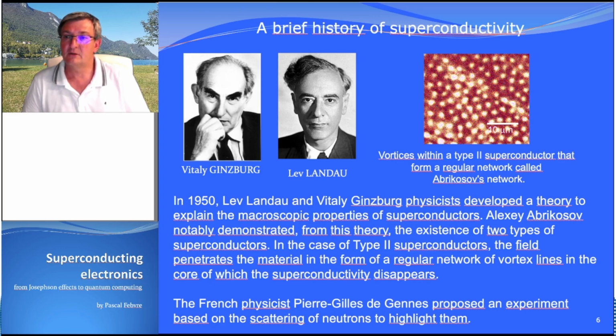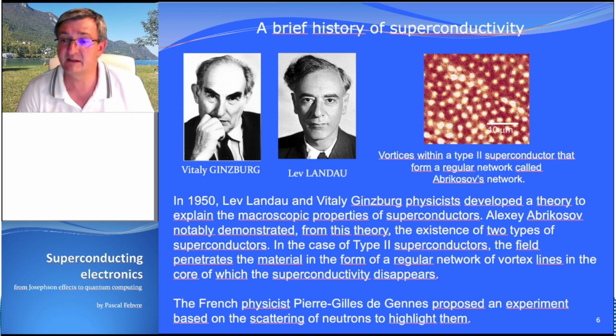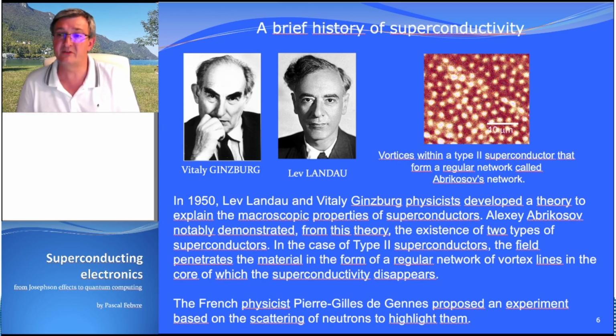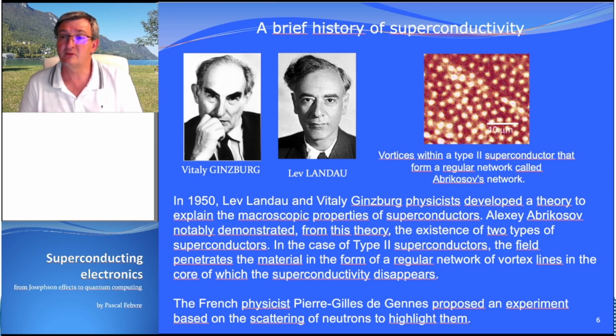You can see some vortices, some vortex of magnetic field in this superconductor. So when it's totally superconductor, there is no magnetic field. Then you have these vortices when you apply a higher magnetic field, or if you increase the temperature in presence of magnetic field. And little by little, when you increase the magnetic field, then the superconductivity totally disappears.